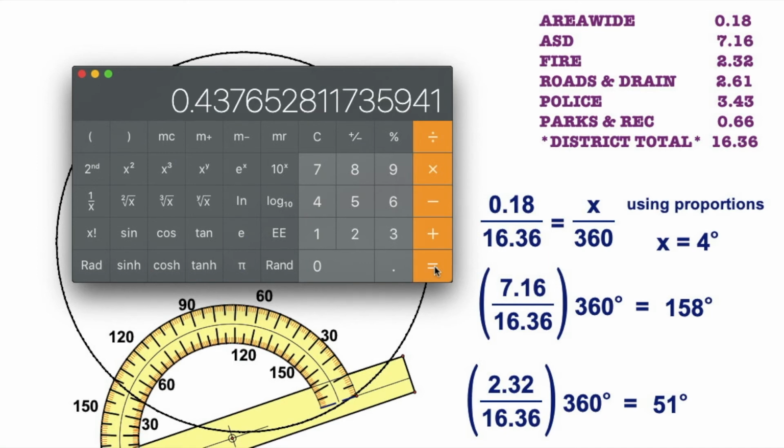The advantage of doing it this way is that it gives you a percent. That's roughly 44%, 0.437, to the nearest hundredth 0.44, 44%. Keep that number in your head, 44. Then I'm going to multiply that times 360, and I've got 157.5, I'll go 158 degrees.